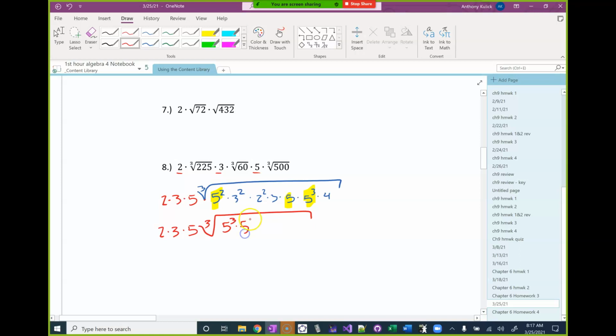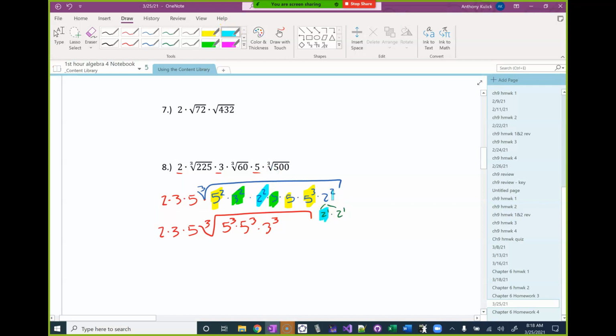I can take this 3 squared and this 3 and make a 3 to the third. I don't know why I wrote that as a 4. I've written that as 2 squared. And then if I think about one of those 2 squareds as 2 to the first, I can take this 2 squared and that 2 and make a packet of 3.